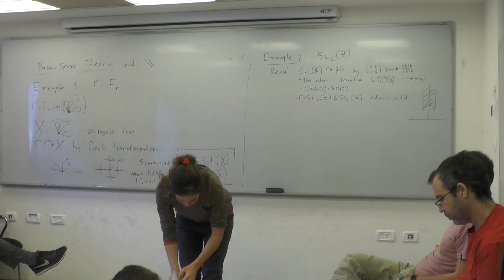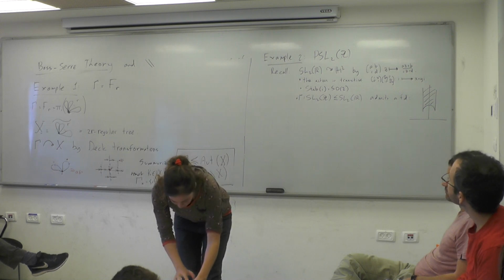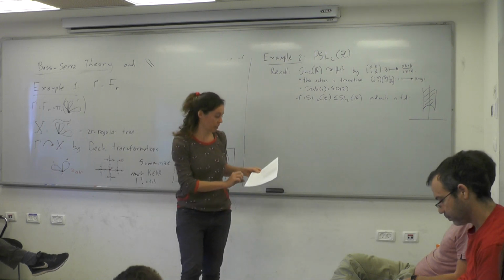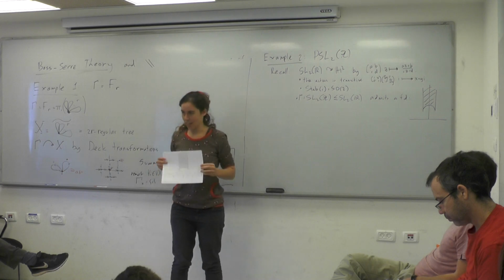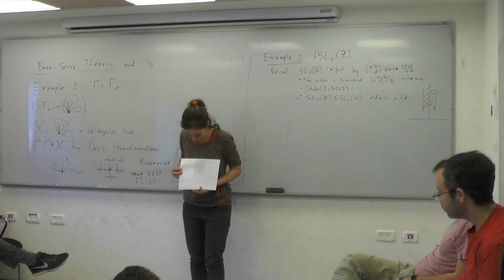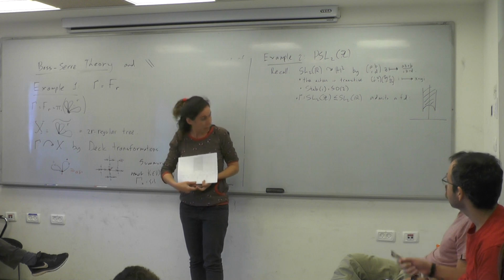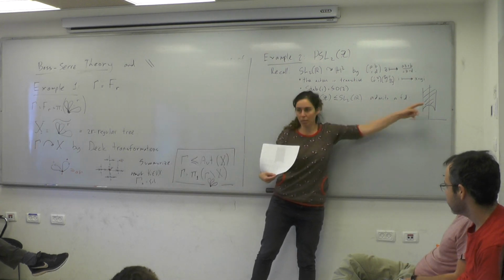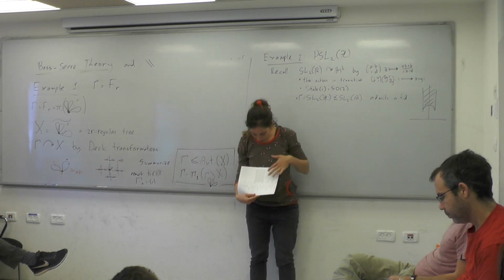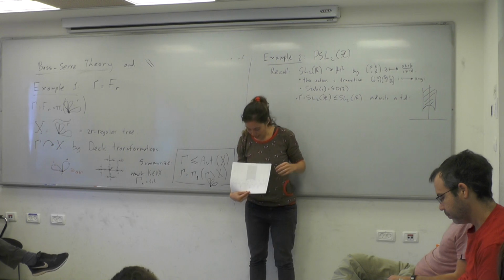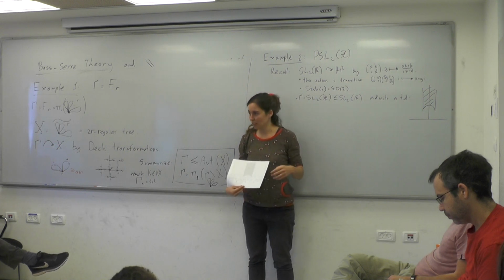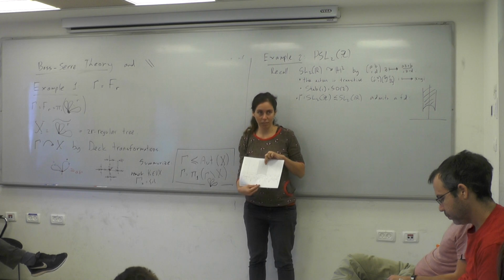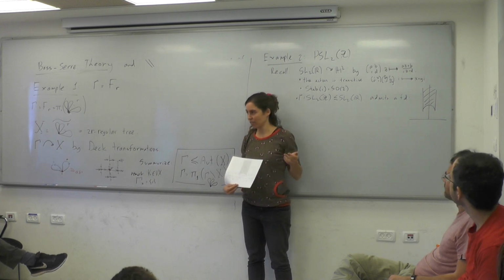But okay, we will just use the surroundings. So this is the picture. What you see here is the fundamental domain, and how the hyperbolic plane is divided into copies, translations of this fundamental domain by the action of SL2(Z).